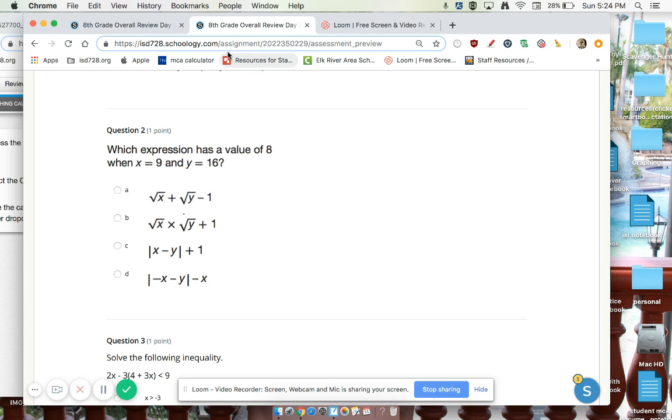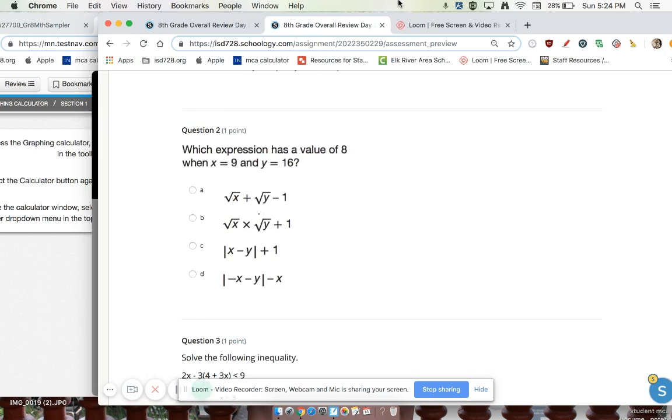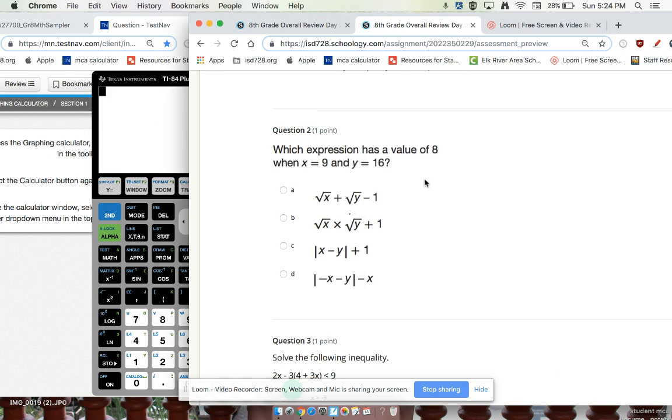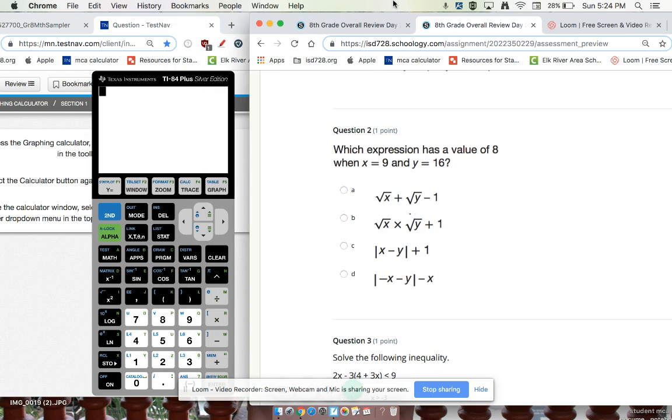Number 2, which expression has a value of 8 when x is 9 and y is 16? So what I'm going to do with these is plug them into my calculator and figure it out. So my x is going to go to all my x's, my y is going to go to all my y's, and I'm going to see which one gives me 8.